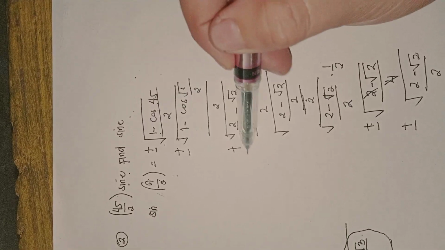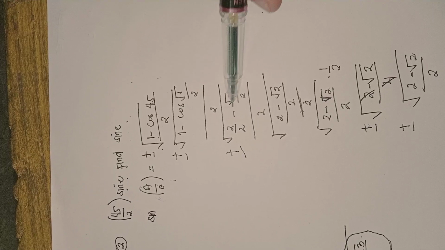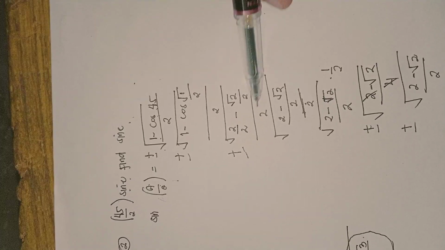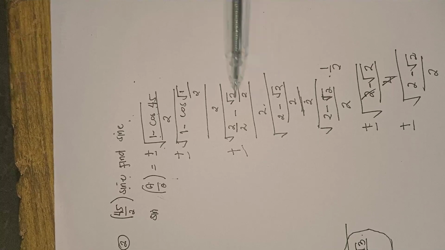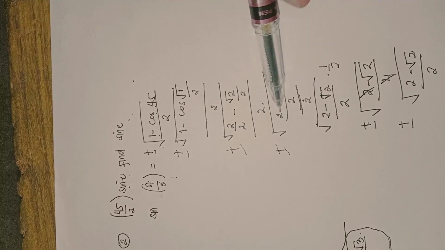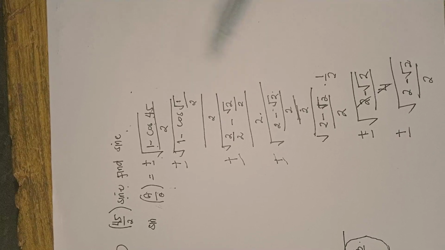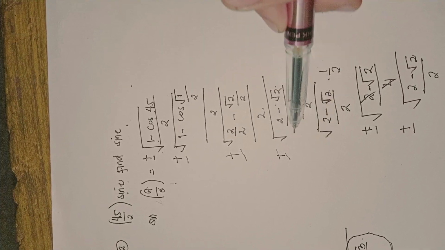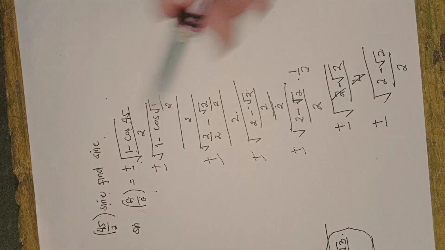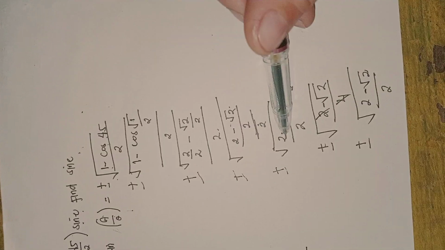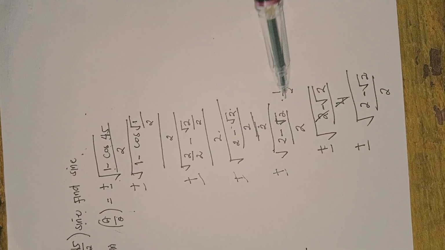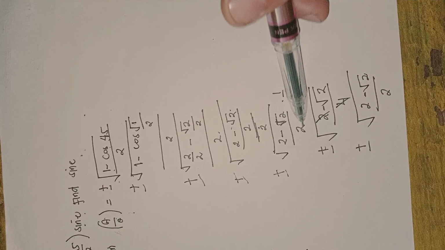And positive negative 2 over 2 minus square root of 2 over 2, over 2 the denominator, and that will be 2 minus square root of 2 over 2. So we have now positive negative 2 minus square root of 2 times 1 half over 2.